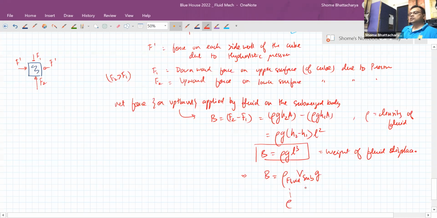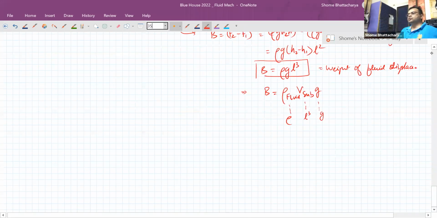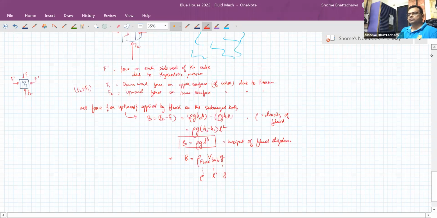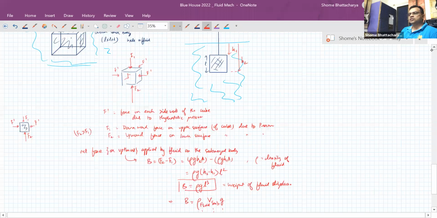This is rho, this is L cube, into g. I have proved it here for a fully submerged object. We can use a similar free body diagram and pressure gradient method to prove it for a partially submerged object also.